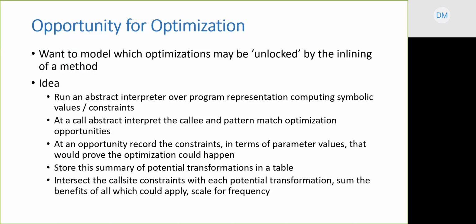You take the information you have at the call site, and the intersection is to say, does it satisfy this constraint? If the answer is yes, it satisfies the constraint, and it does that for all of the parameter constraints for that optimization, because we have one for each of the parameters. We intersect each parameter, and if the answer is yes for all of them, then that optimization can be unlocked by the information in the caller if you inline that callee, is the intuition.